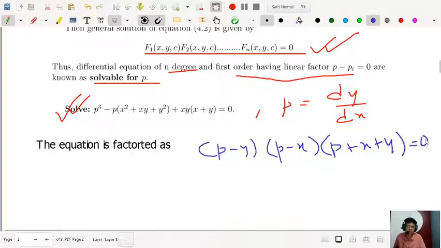Easily you can check these will be the factors, and look at that, if you multiply, the power of p will be 3, so it's a third degree equation, right?